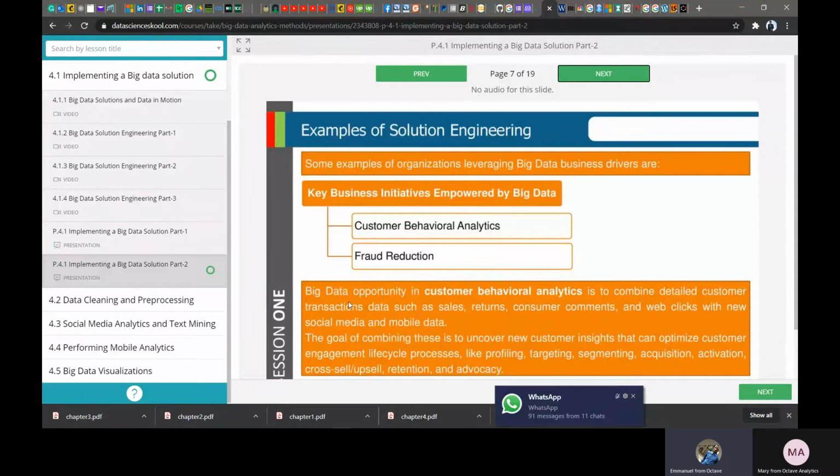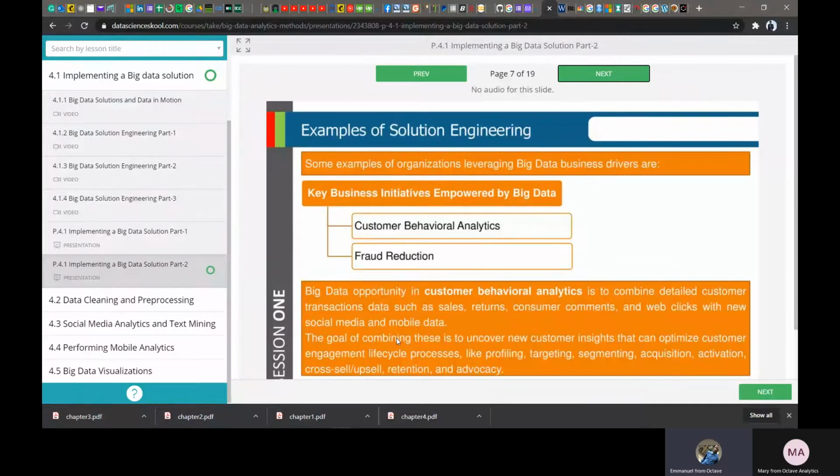So the big data opportunity in customer behavior analytics is to combine detailed customer transaction data such as sales, returns, customer comments, and web clicks with new social media and mobile data. The goal of combining this is to uncover new customer insight that can optimize customer engagement lifecycle processes like marketing, targeting, segmenting, acquisition, cross-sell, upsell, retention, and all of that.